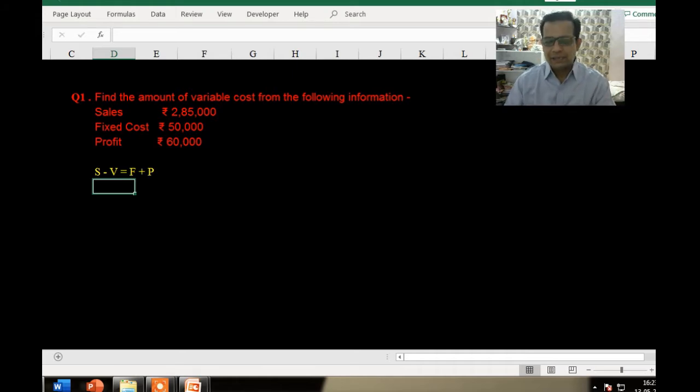The figure for sales given to us is 2,85,000 minus variable cost. That's the missing information. So we'll just write here V, which will be equal to fixed cost, which is 50,000, plus profit, which is 60,000.